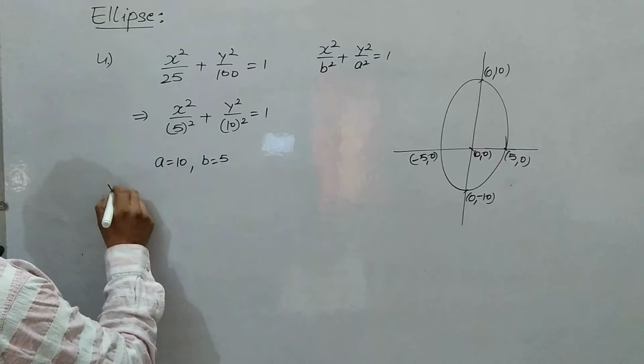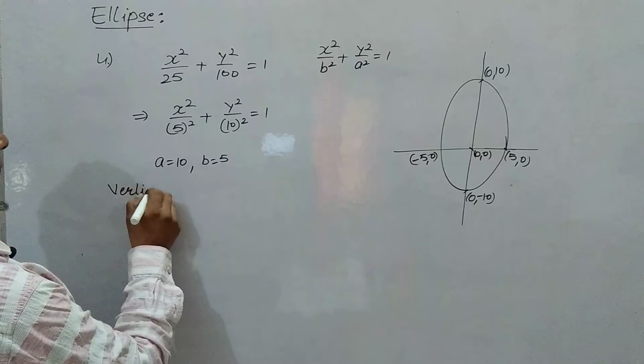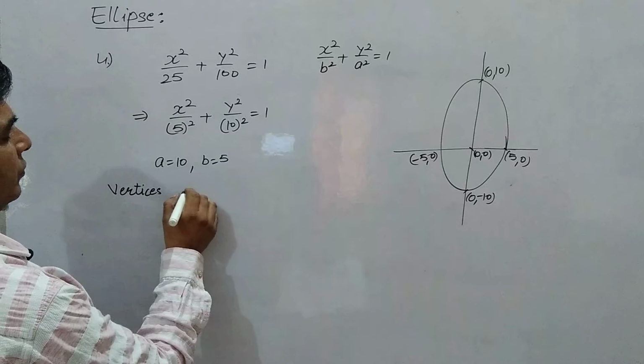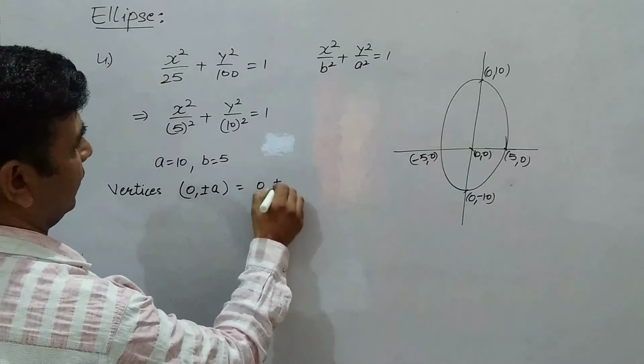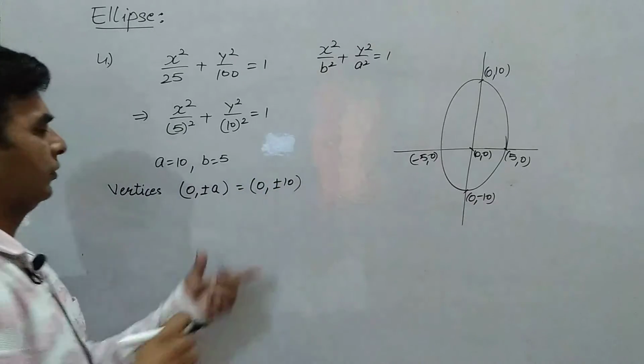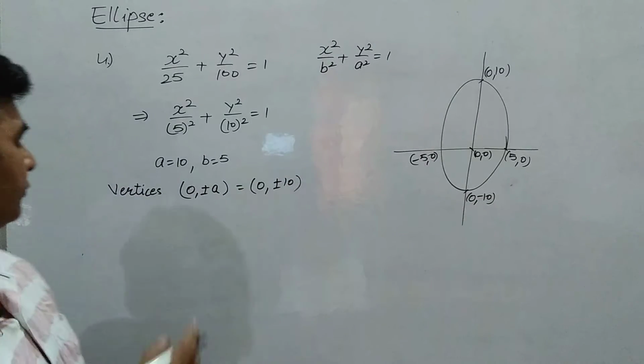First of all we need to write down the coordinates of the vertices, and these are given by 0 comma plus minus a, which is 0 comma plus minus 10, because this is along the y-axis.